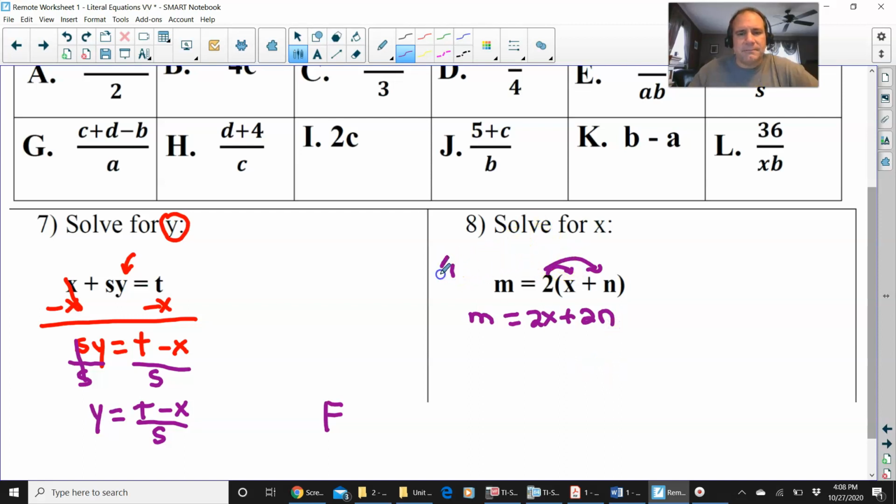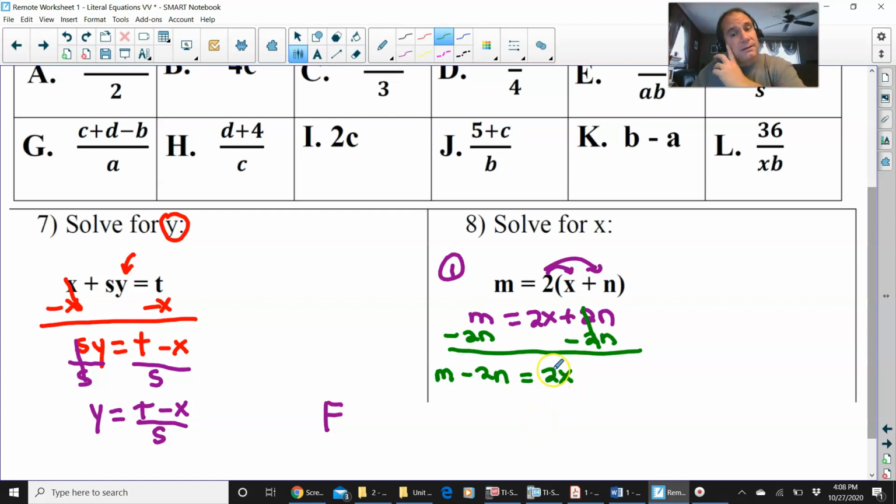This is one method. All right, since I have to solve for X, that's the X right here. I'm going to minus the 2N from each side. And this cancels. Then I have M minus 2N equals 2X. Since I want to solve for X, I'm going to divide by 2 on both sides.